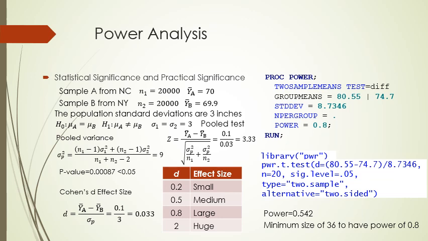The calculated power is 0.542. And the minimum sample size required for the power of 0.8 is 36 for each sample. The power of the test is quite low for independent samples, while it is very high if the two samples are dependent.